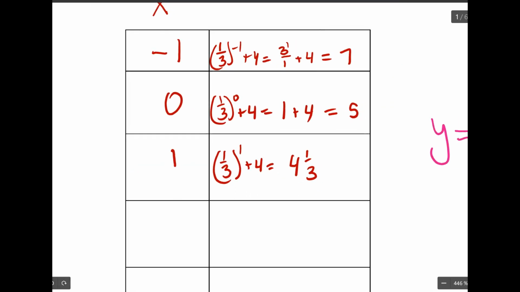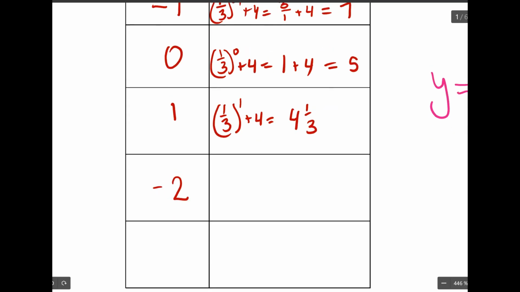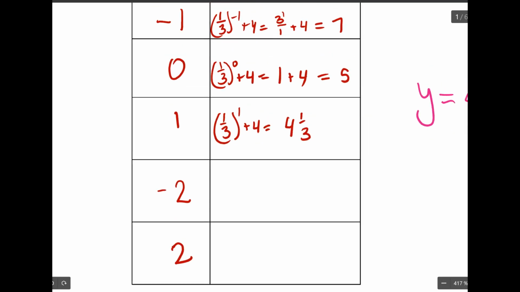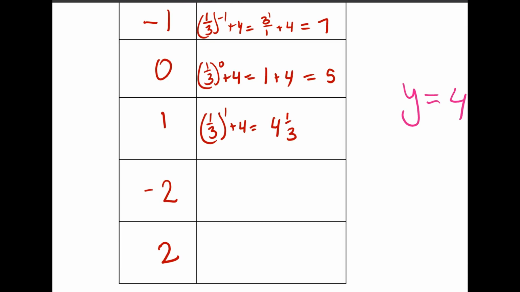All right, so we centered around 0, we tried -1, we tried 1. Let's go to -2 and 2. 1/3 to the -2 plus 4 is going to be 3 squared over 1 plus 4, because to get rid of the negative in the exponent, I flip it.